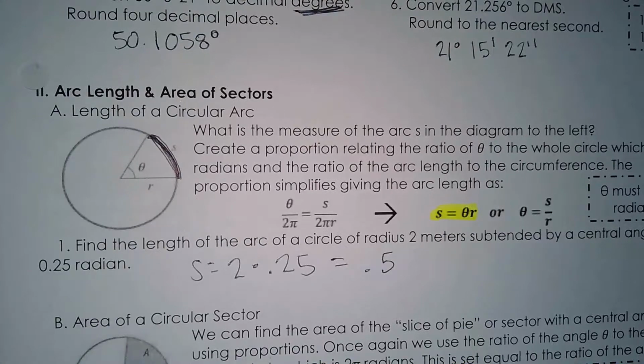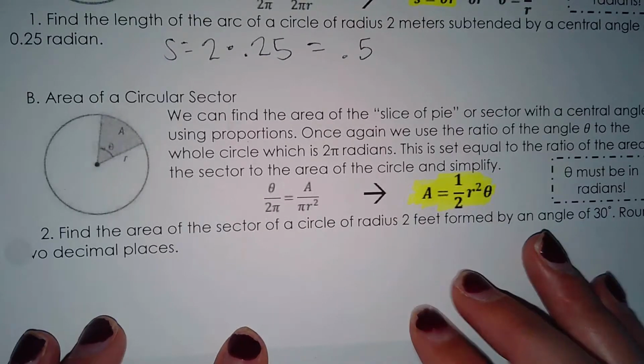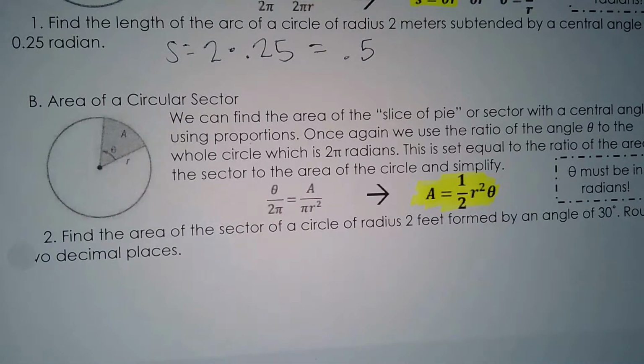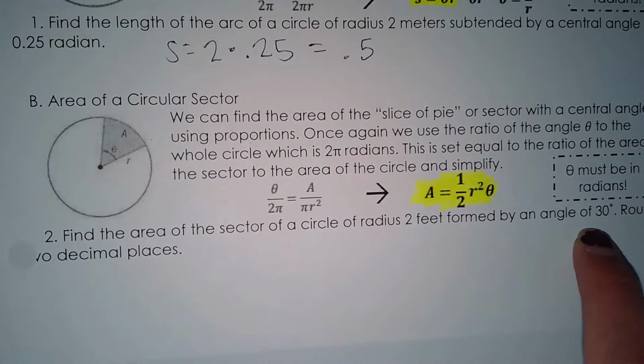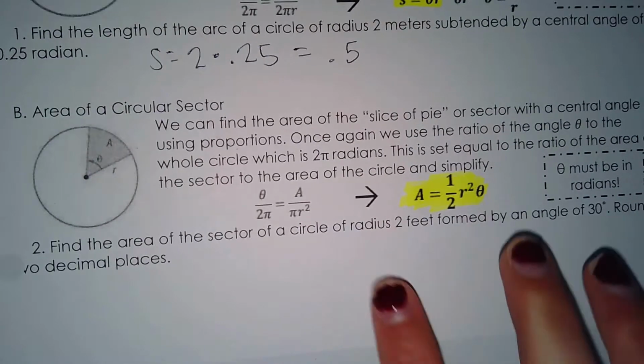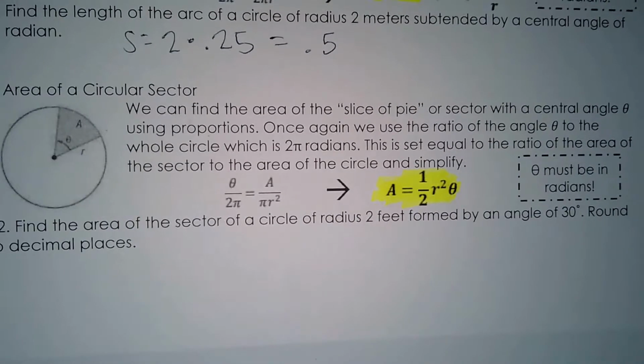All right. So then the next part is the area of your sector. That would be all of this space. So there's your formula for that. We want to find the area of a sector of a circle with radius 2 formed by an angle of 30 degrees. If they give it to you in degrees, what do you have to do first? Convert it to radians. Yeah. So 30 degrees in radians.